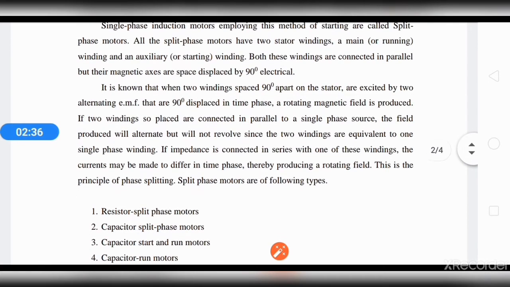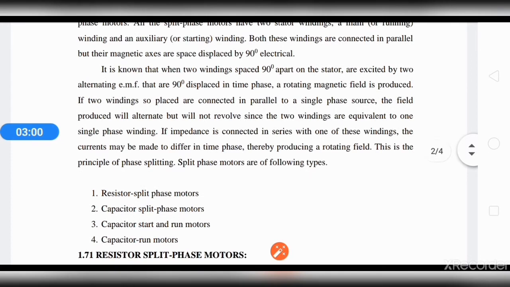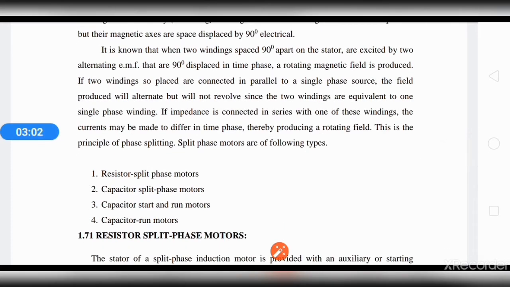It is known that when two windings are spaced 90-degree apart on the stator and excited by two alternating EMFs that are 90-degree apart in time phase, then a rotating magnetic field is produced. So this is the basic principle of how a rotating magnetic field is introduced in the single phase induction machine. If the two windings are connected in parallel to a single phase source, the field produced will alternate but will not revolve, since the two windings are equivalent to one single phase.